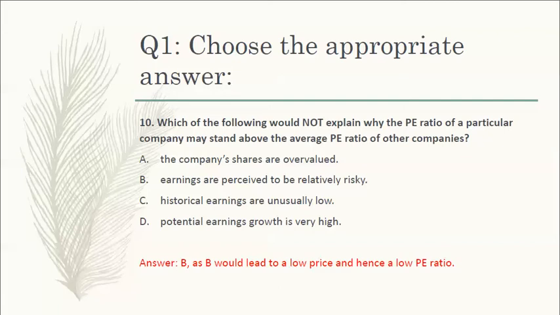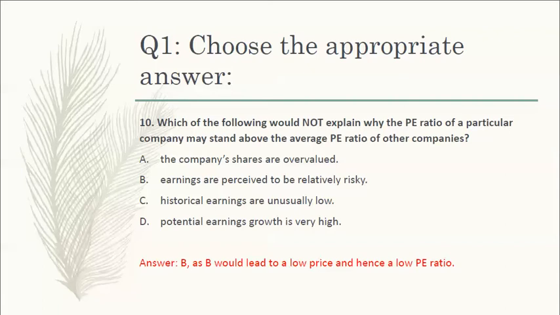So our question here: which of the following would not explain why the PE ratio of a particular company may stand above the average PE ratio of the other company? First choice, the company's shares are overvalued.